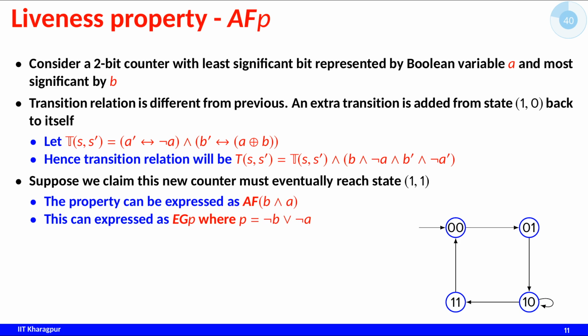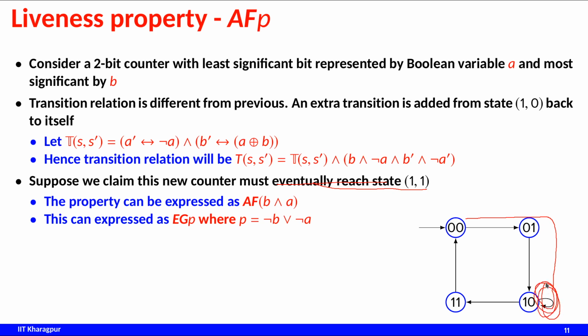And what do we want to do? We want to check whether we eventually reach a state where I want to reach this state 1, 1. If you look into this diagram, you can easily understand that this is not satisfiable, because I can have a path something like this, and then I just loop back here.